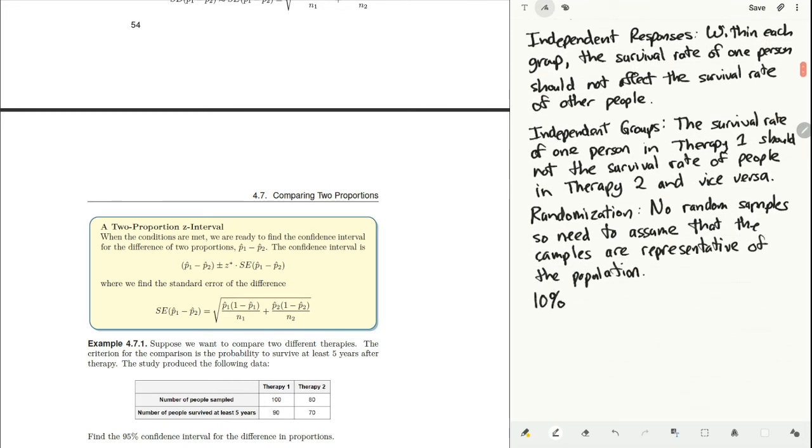We also have the 10% condition. So we need to assume that the sample sizes are no larger than 10% of the population.